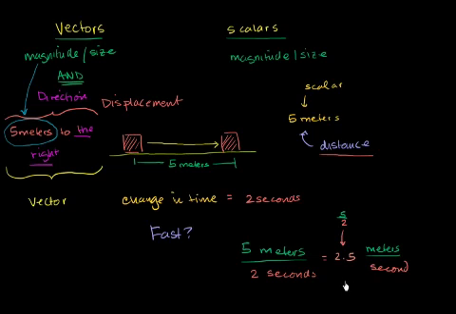It is telling you how fast it went, but is it giving you just a size of how fast it went, or is it also giving you direction? Well, I don't see any direction here, so this is a scalar quantity. And the scalar quantity for how fast something is going is speed. So we could say that the speed of the brick is 2.5 meters per second.